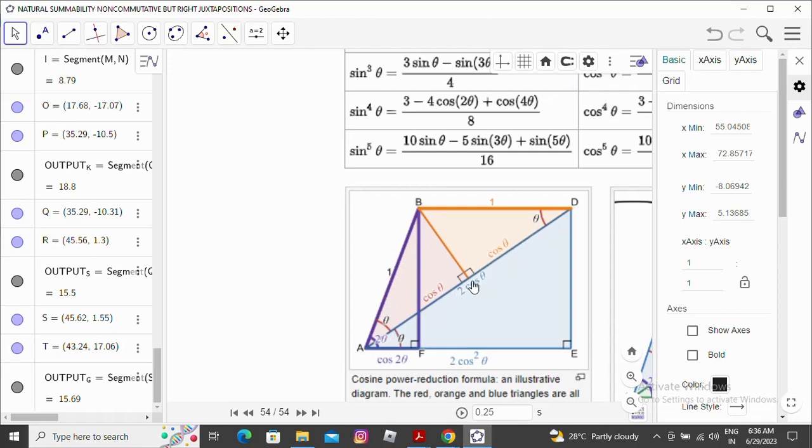This is cos theta, this line segment is 1 into sin theta, and this line segment is the base of the triangle, where this is the perpendicular of this triangle. Perpendicular is known as 1 sin theta, and we have to find the base, so perpendicular is in the denominator and base is in the numerator. So base by perpendicular is cot theta.